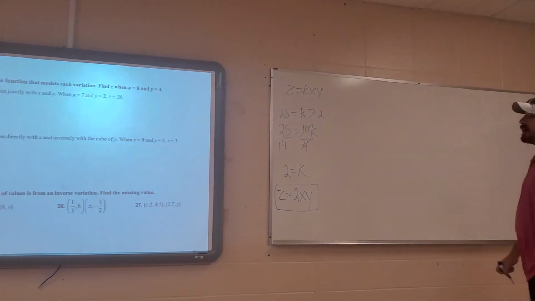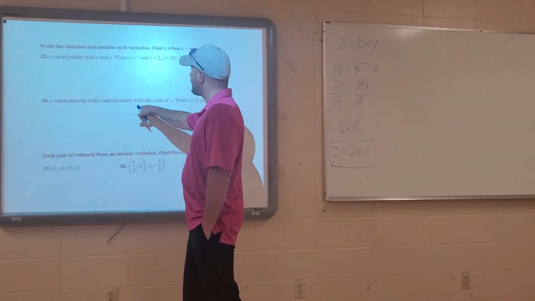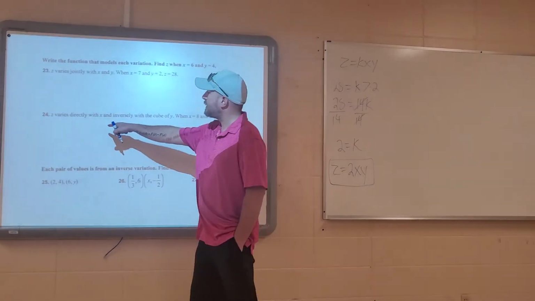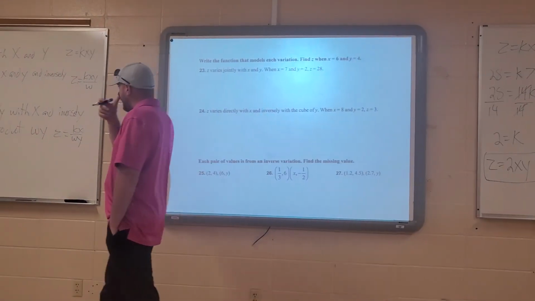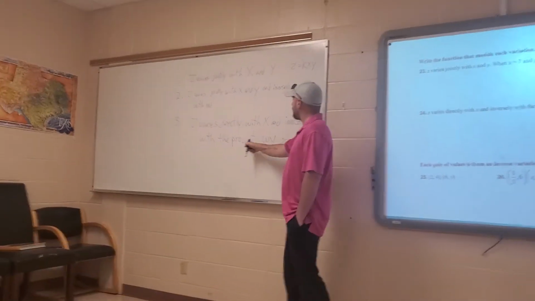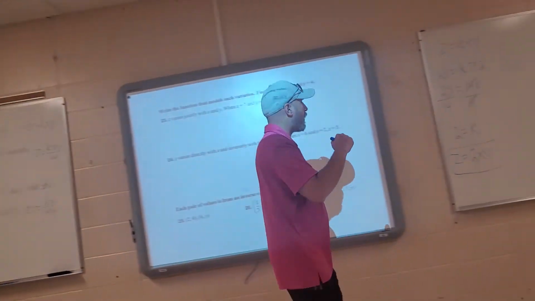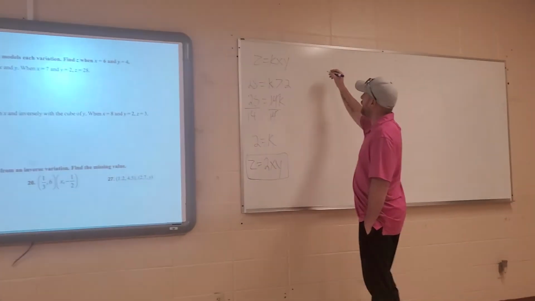So the next one says z varies directly with x and inversely with the cube of y. So z varies directly with x and inversely with y. So that's going to be that one. So I'm going to give you the formula and you are going to figure the rest out.